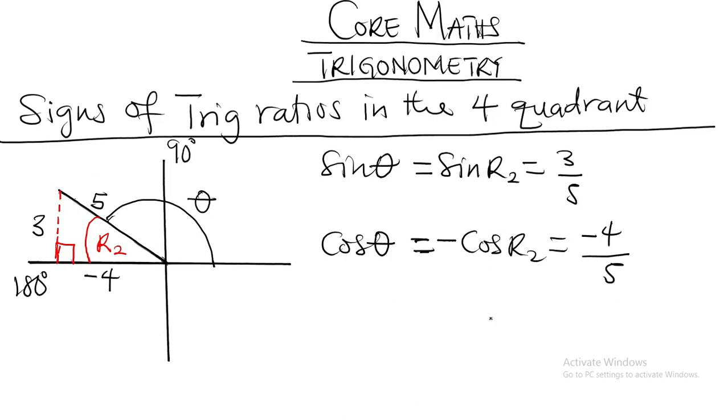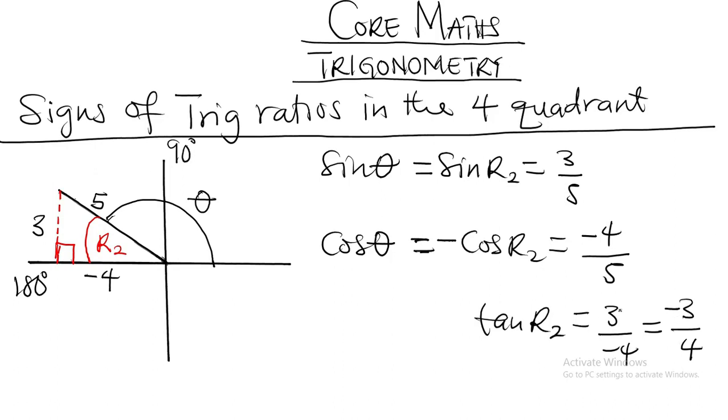Good. Now let's look at tan R2. So tan R2, we know tan is opposite over adjacent. So the opposite is 3. The adjacent is -4. But in maths, it is best we write the negative at the numerator side. So we are going to get -3 on 4. Now here also, tan of an acute angle will never be negative.